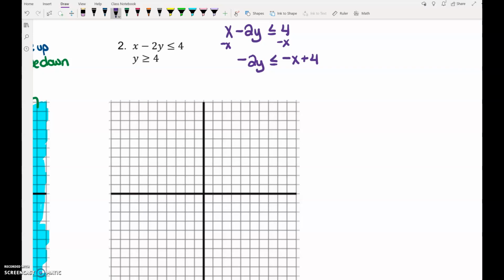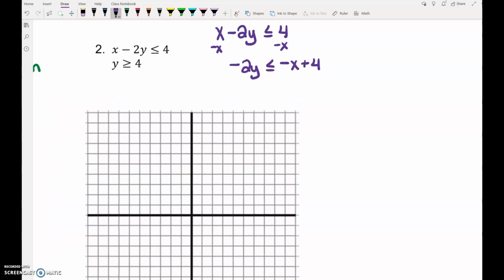What would we need to do next? And what happens when we divide by negative 2? Sign switches. Negative x divided by negative 2, that would be positive 1/2 x. 4 divided by negative 2 is negative 2.